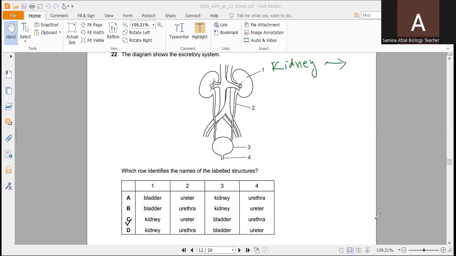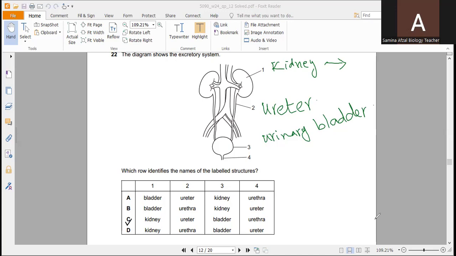Kidney performs the ultrafiltration and selective reabsorption. So after ultrafiltration and selective reabsorption, urine formation takes place, which is excreted out of the kidney and moved towards the urinary bladder. So this is ureter. It takes the urine from the kidney towards 3, which is the urinary bladder, in which the urine is stored for some time.